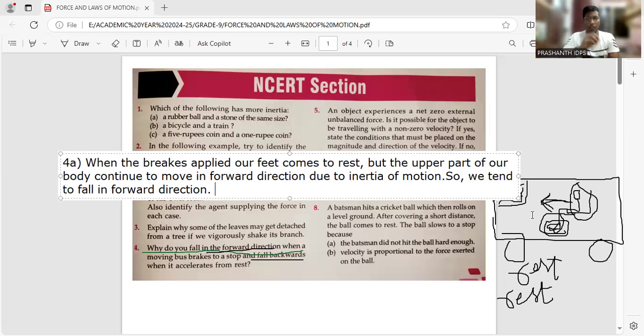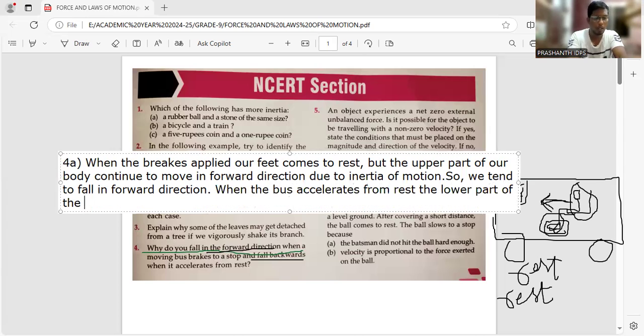Okay. Now what happens when the driver suddenly starts the bus? When the bus accelerates from rest, the lower part of the body tries to move with the bus.